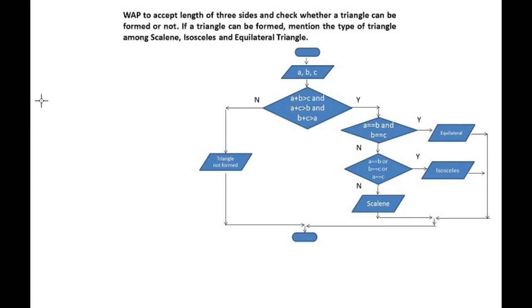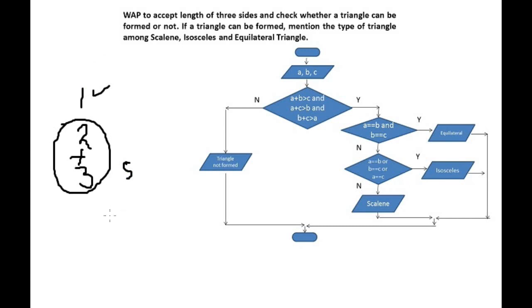Say for example, if I consider the sides to be 1, 2 and 3. Now if I just check randomly whether the sum of 2 sides is greater than the third side or not, in this case 2 plus 3 is equal to 5 and 5 is greater than 1. So if I just check it in one single way or one aspect, I might get an incorrect result.